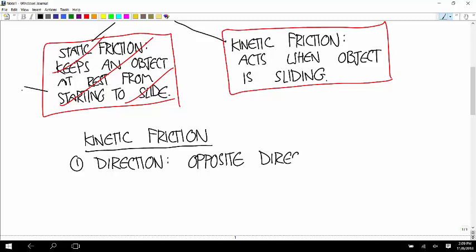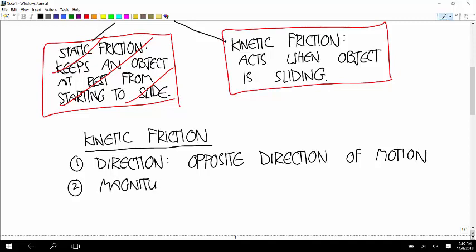In other words, the opposite direction of the velocity vector. And its magnitude is this constant mu, the Greek letter mu, times the normal force.